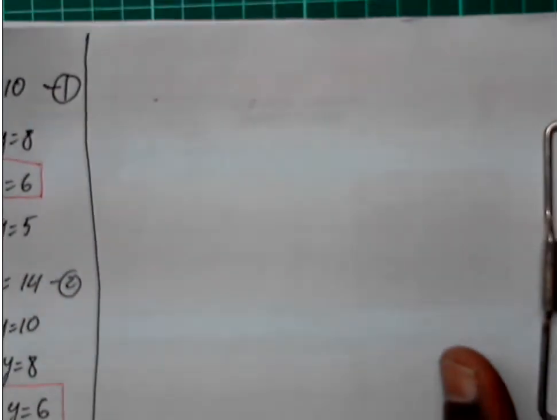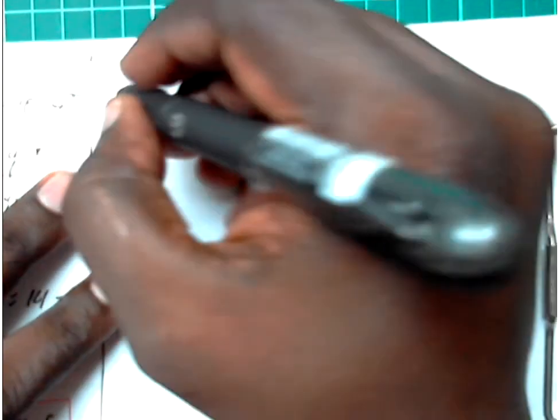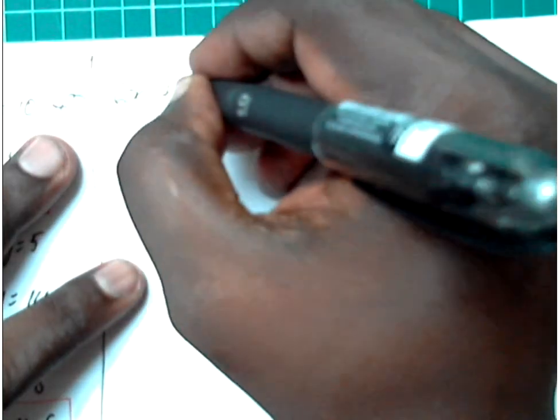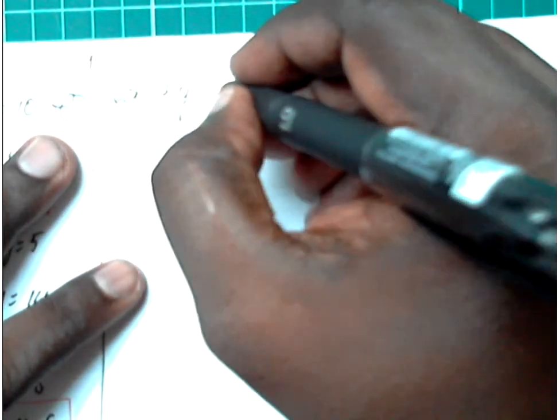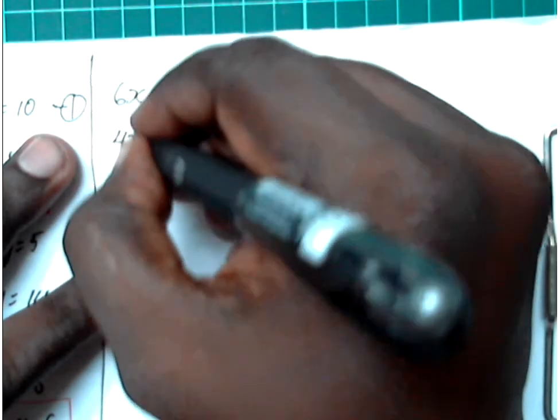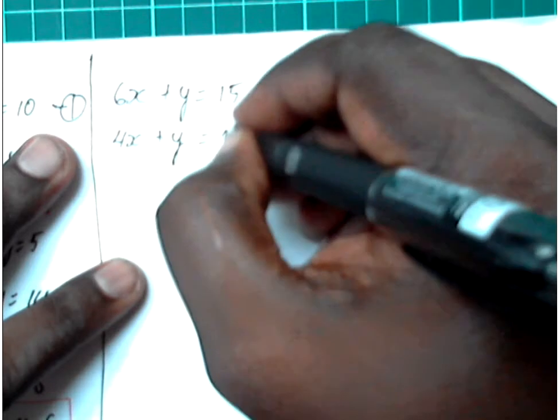One way to come up with a real solution is a systematic way of solving this, and I'll show you 3 ways. The first one, let's call it the elimination method. We learn to eliminate variables from 2 equations. So let me give you 2 equations. 6x plus y equals 15, and another equation, 4x plus y equals 11.